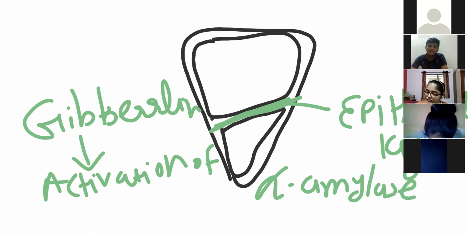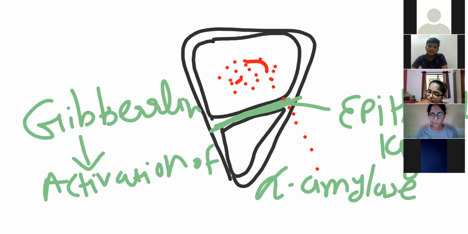This alpha amylase enzyme reaches the endosperm. Remember salivary amylase, which you must have heard of. The amylase enzyme, in plant or animal, always helps in starch digestion.